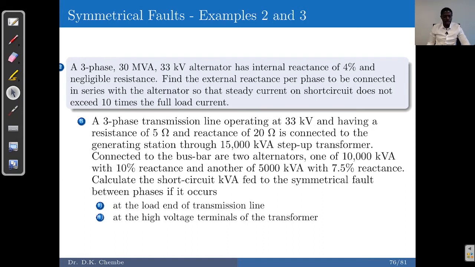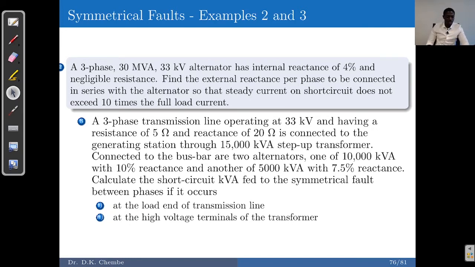Connected to the bus bar are two alternators, one of 10,000 kVA with 10% reactance and another of 5,000 kVA with 7.5% reactance. You are to calculate the short circuit kVA fed to the symmetrical fault between phases if it occurs, 1, at the load end of the transmission line, and 2, at the high voltage terminals of the transformer.